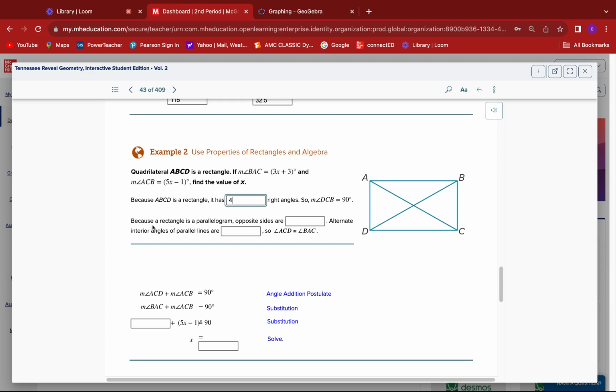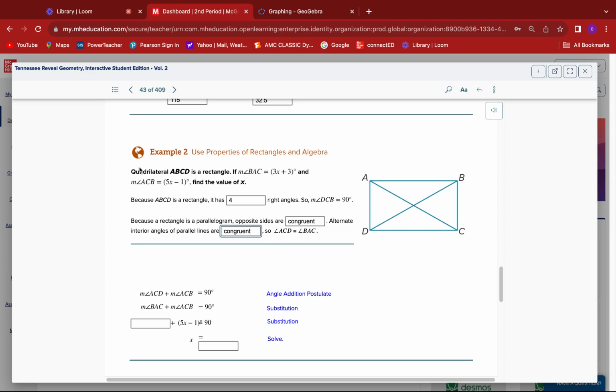Because in rectangles, parallel opposite sides are congruent. Alternate interior angles of parallel lines are congruent. So ACD and BAC are equal to each other. But that is not the angle they gave us in the problem.